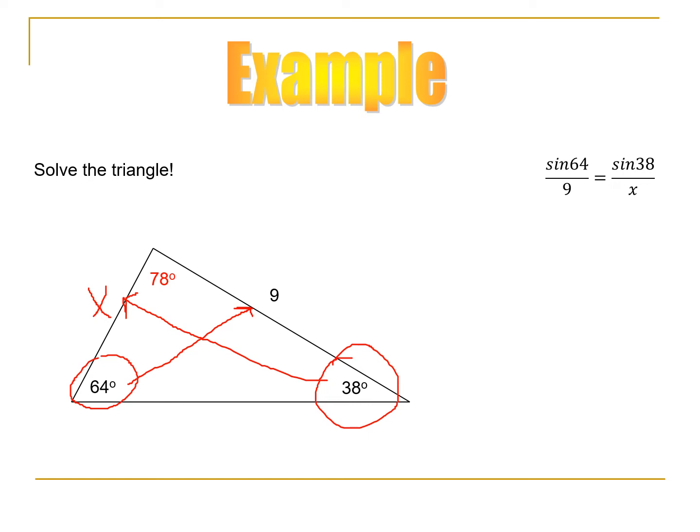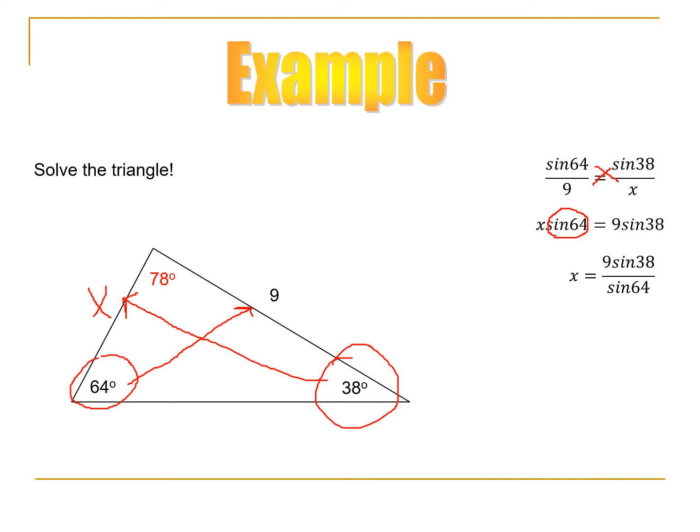From here, you just cross multiply. The x is multiplied with the sine of 64, and the 9 is multiplied with the sine of 38. To solve for x, divide both sides by sine of 64.